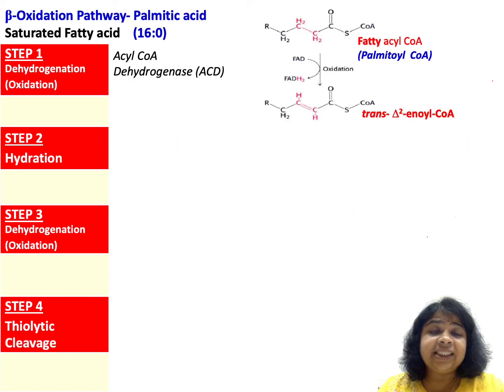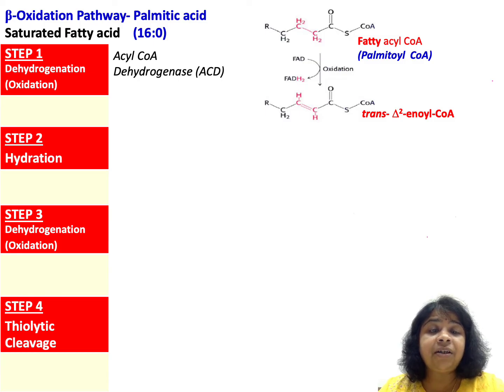So, in the first step, the acyl-CoA, if you remember, this is the activated fatty acid. The carboxyl group is now C double bond O S CoA, coenzyme A has been added, activated fatty acid, and this is the alpha carbon atom and this is the beta carbon atom.